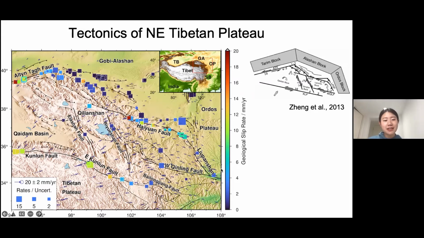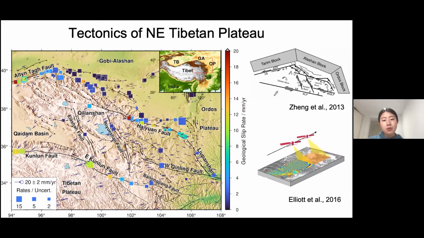The GPS stations were installed at locations limited by the accessibility of the terrain. And in this area, which is already quite densely distributed, the GPS stations are spaced at about every 30 kilometers, which is still too long a distance if we want to quantify and visualize short-scale velocity changes, such as across a creeping section.